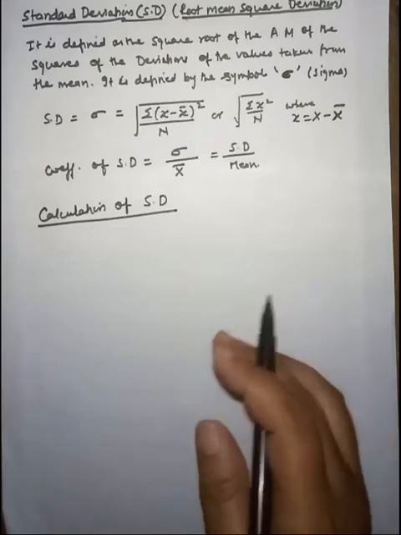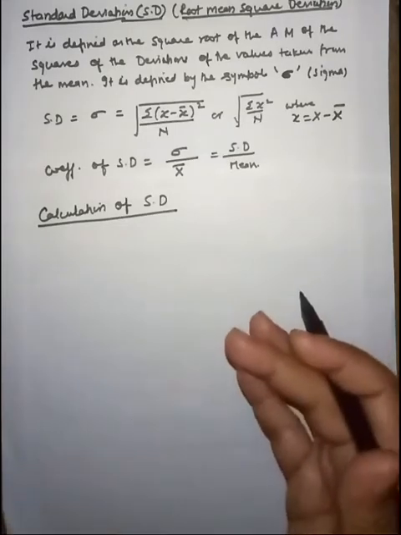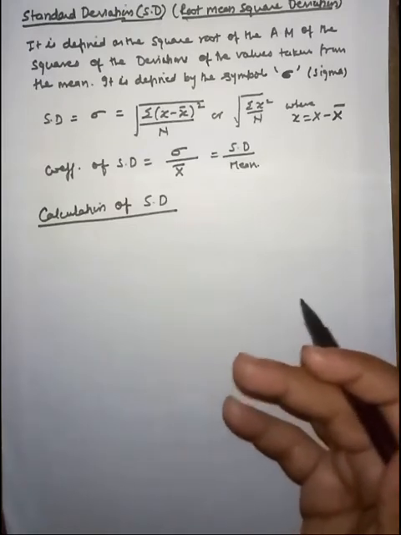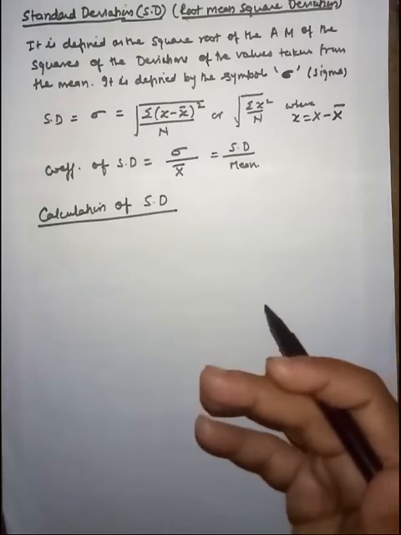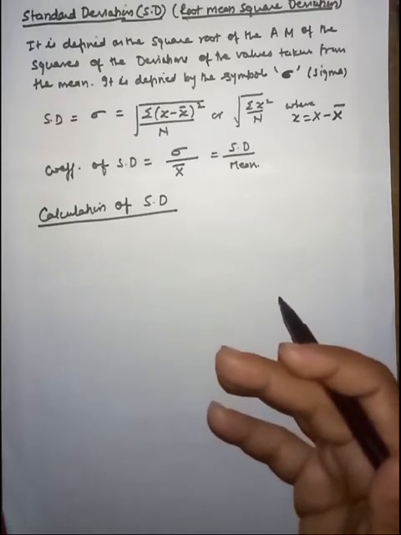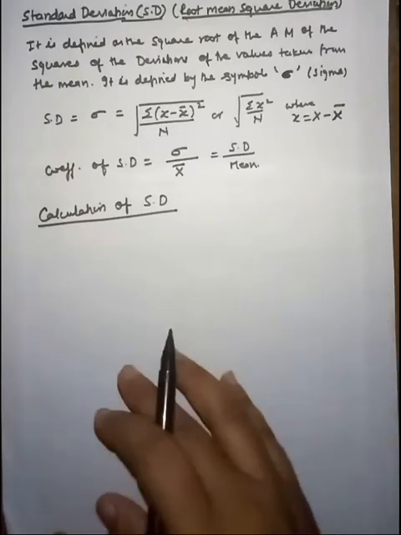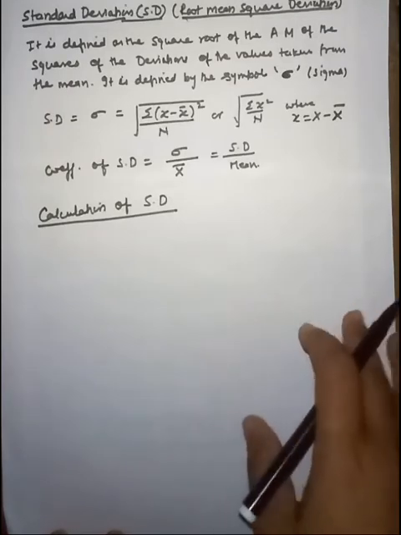For individual series there are three methods: actual mean method, or you can say direct method, assumed mean method, or shortcut method, and step deviation method. The same three methods apply to the discrete and continuous series.